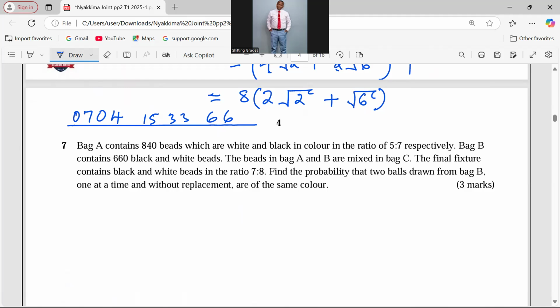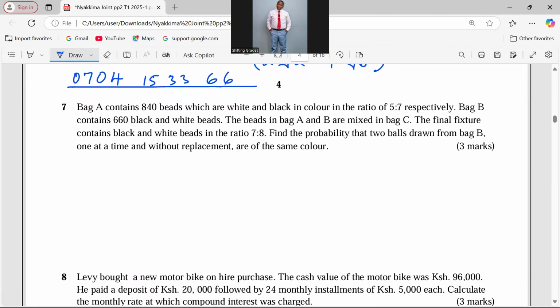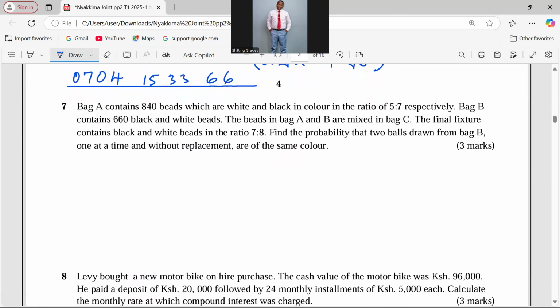Yeah, number 7, a very good question, which is on probability, right? A bag contains, you have to be very careful here, 840 beads, which are white and black in color, in the ratio 5:7, respectively.